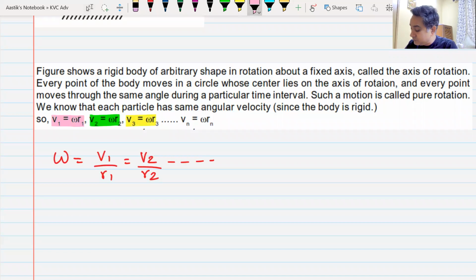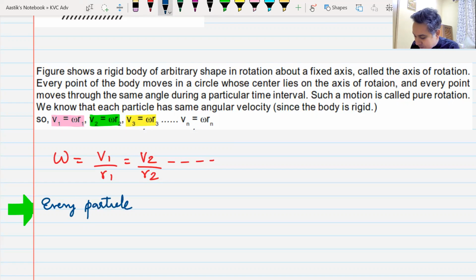Every point, so you can note them down point-wise. Every particle follows circular motion.